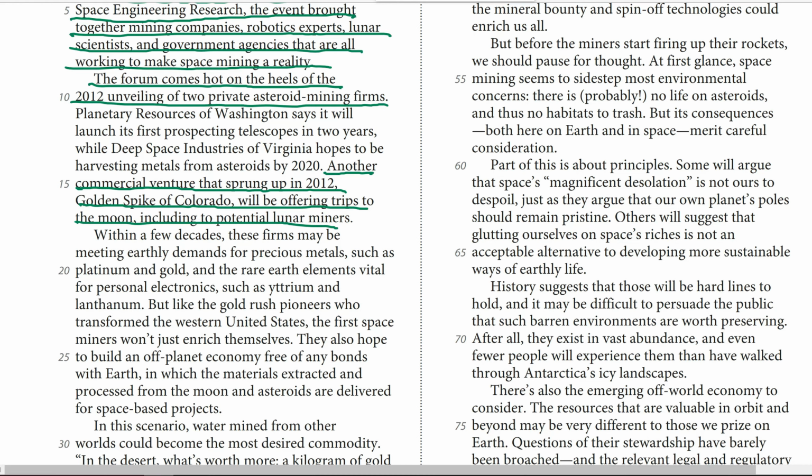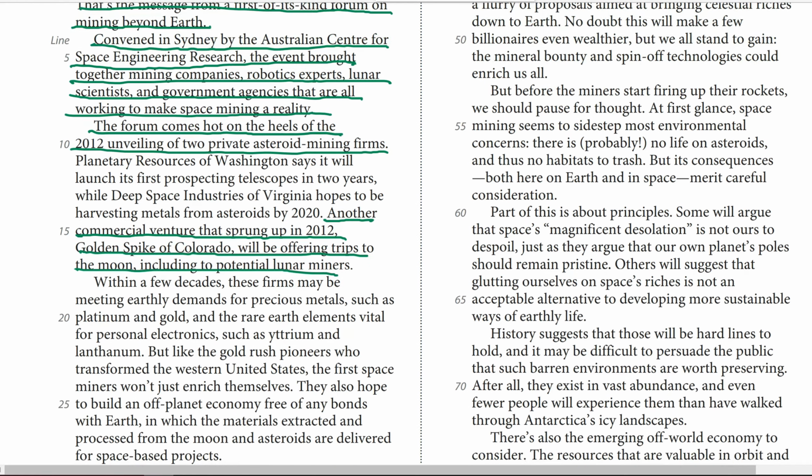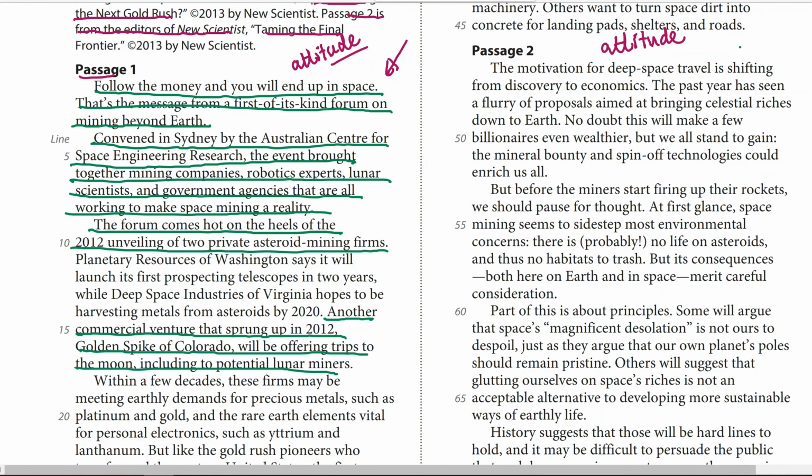What we need to do with paired text is make sure that we are paying attention to the relationship between these different ideas. What does that mean? I read the first passage and understood the main idea. When I start reading the second passage, I need to use my pencil.